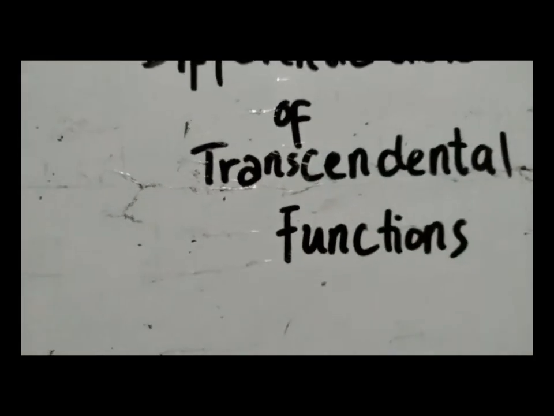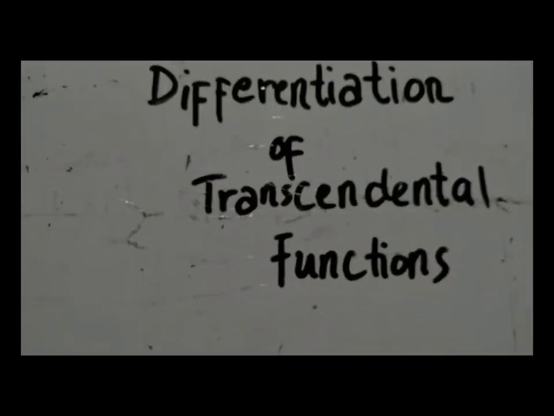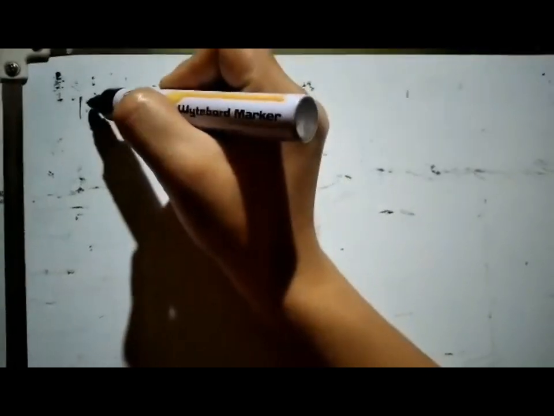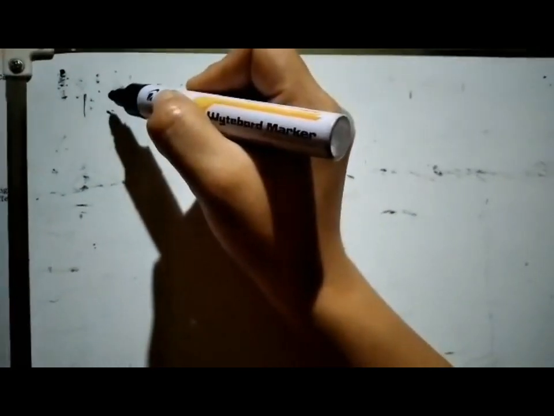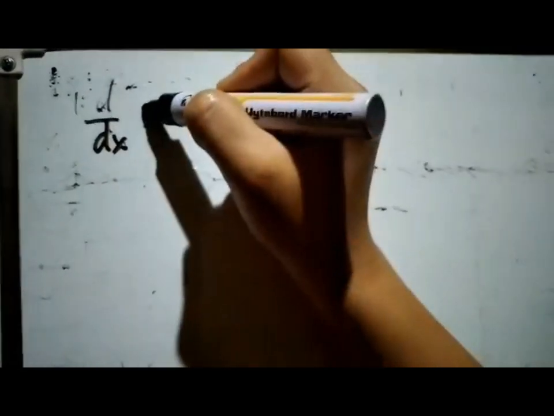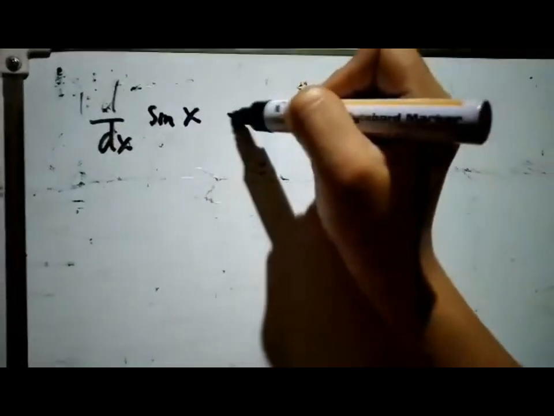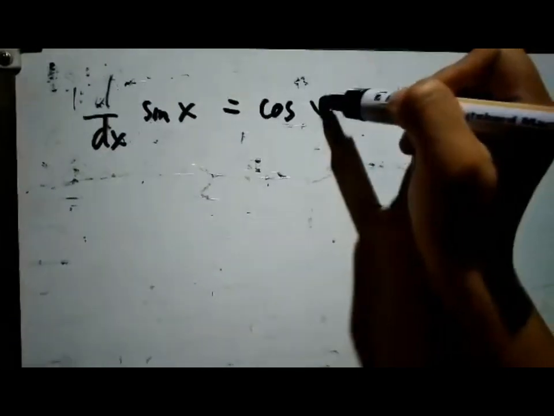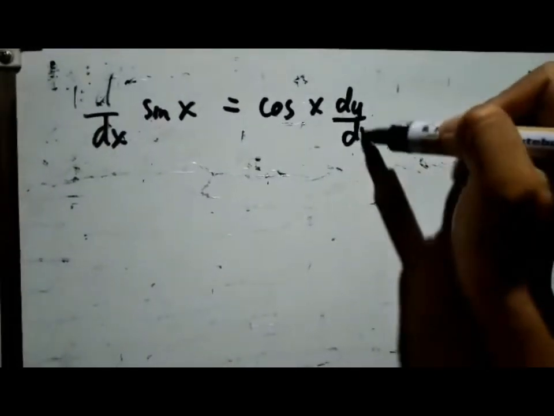Hello everyone, so this time we're going to tackle the differentiation of transcendental functions. So here are the formulas. The derivative of sine u is cosine u du over dx.